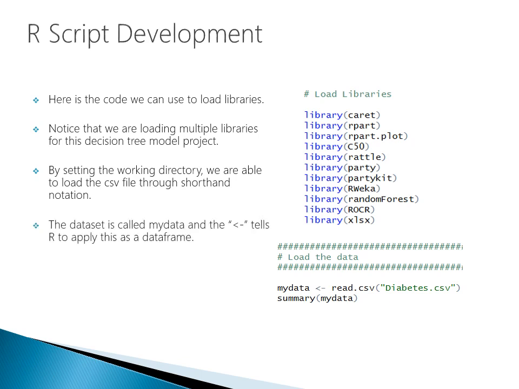The data set is called my data, and the less than and dash sign tells R to apply this as a data frame. So I want to just take a look at this in a little more detail. We have a function on the right-hand side that says read.csv.